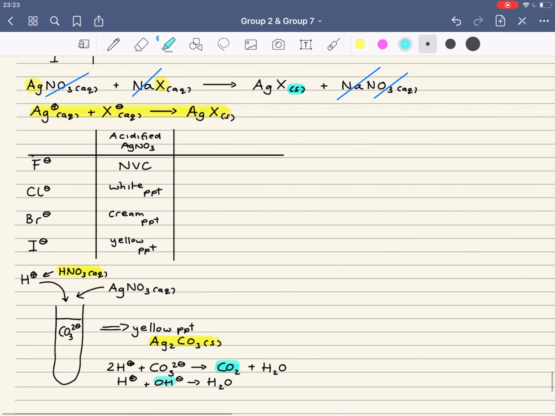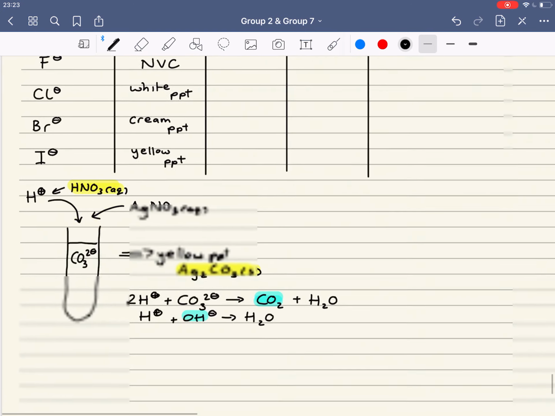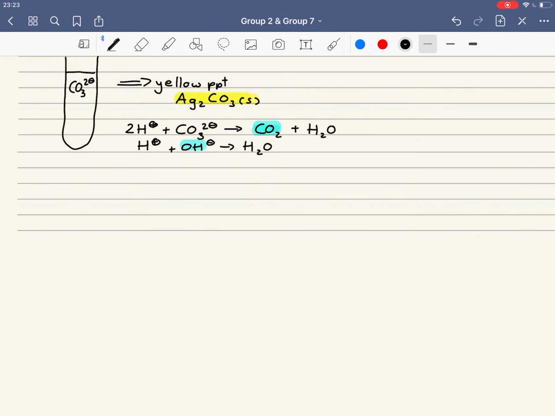Now, we can confirm the presence of these halide ions by looking at another couple of tests, and that's the reactions with dilute and concentrated ammonia. What you usually do is you've got your solution, for example, containing chloride ions.